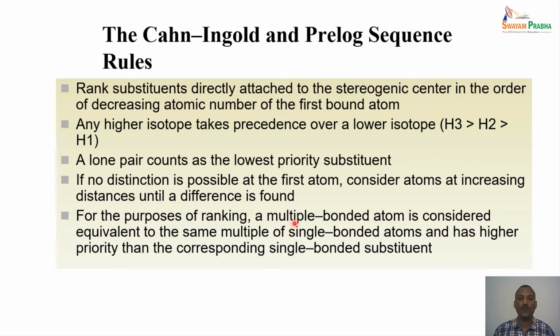And for the purpose of ranking, a multiple bonded atom is considered equivalent to the same multiple of single bonded atoms and has higher priority than the corresponding single bonded substituent. In other words, if we have to represent a carbonyl group, that is C double bond O, instead of making it a C double bond O, we have to make two single bond O, that means C dash O and C dash O, and based on that we have to give the priority.